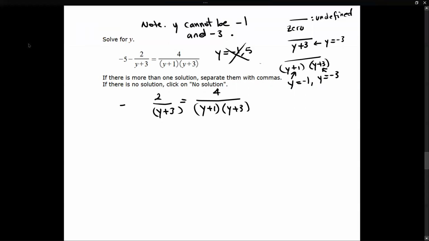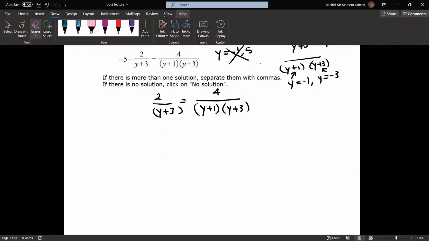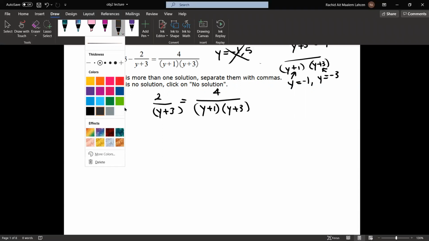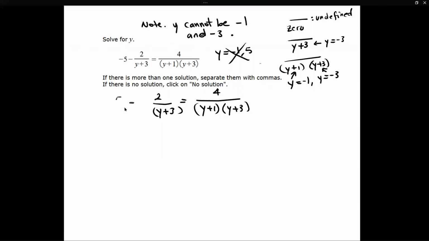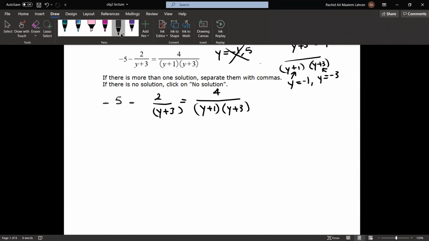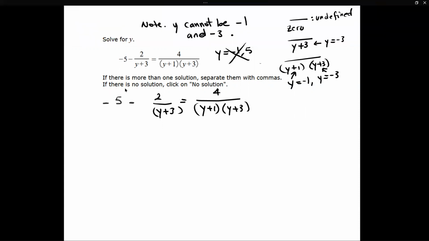Let's give it some space. All right, from here we're going to try to make all the denominators the same for this type of equation. If we make all the denominators the same, there is a trick to simplify.